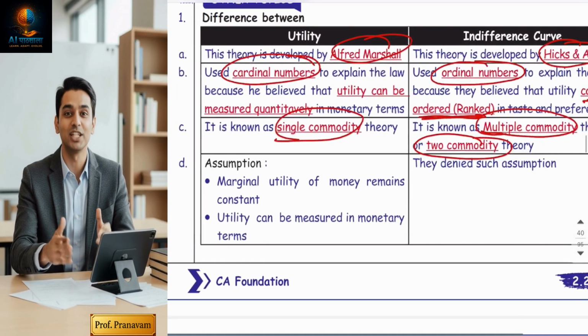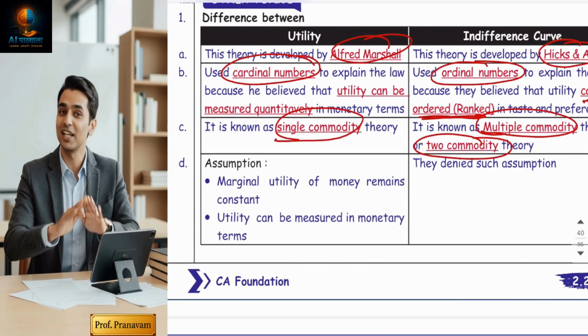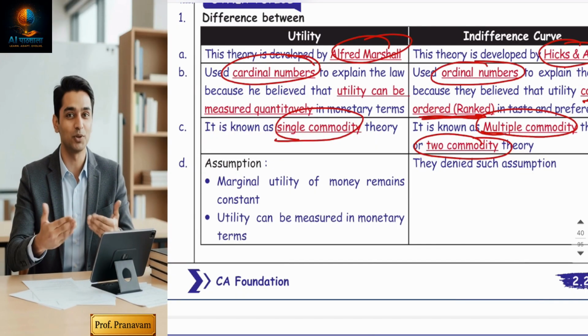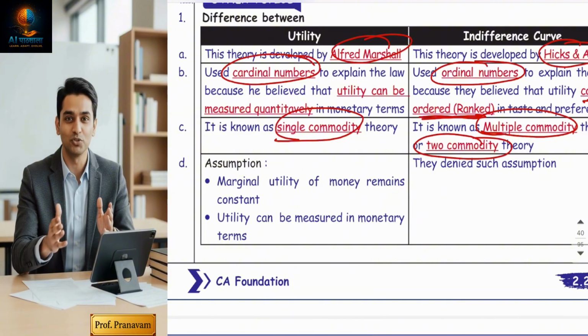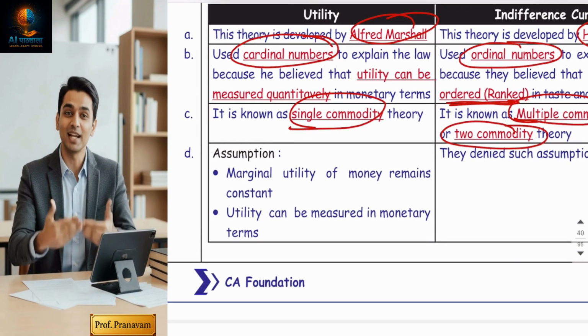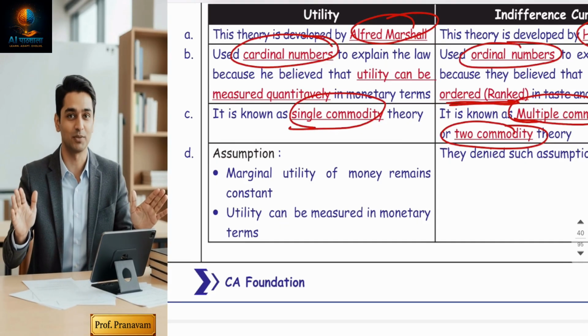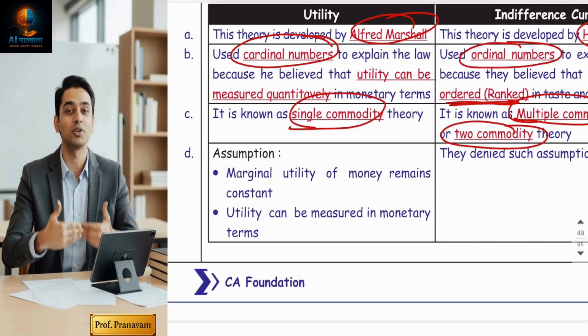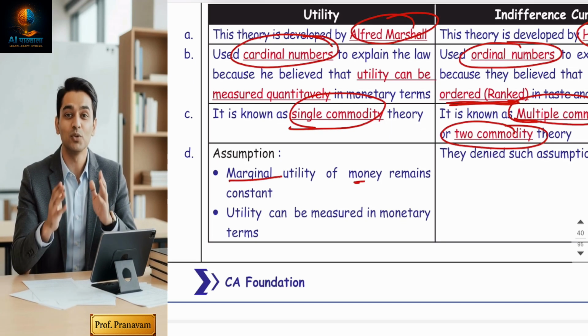Utility is based on various assumptions like homogeneity, continuity, etc. But over here, no such assumptions have been considered. One more thing: in utility, the main assumption was that marginal utility was converted into money.